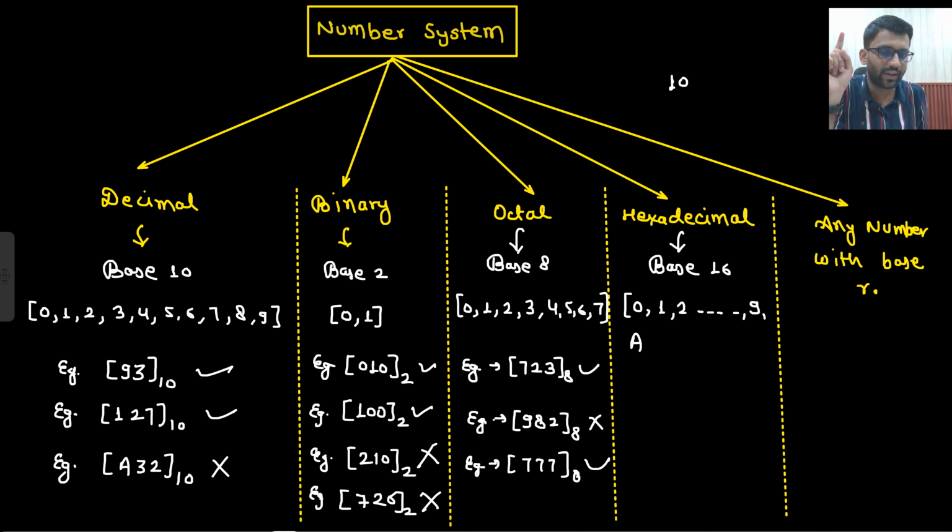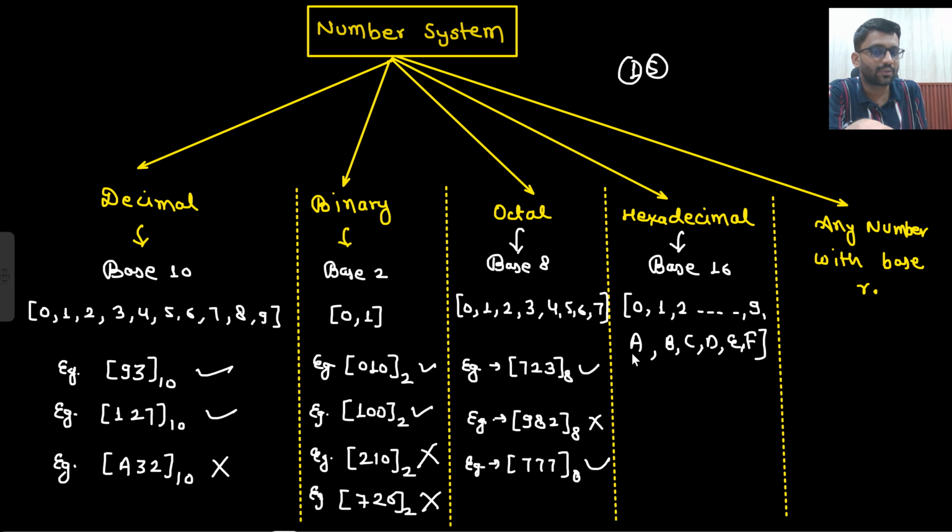So we will write A, B, C, D, E, F. Base 16 means from 0 to 15 you will have, right? Total 16 numbers will be there from 0 to 15. So 9, 10, 11, 12, 13, 14 and 15. So F is 15. But we will not call it 15 because 15 is made from 1 and 5. So I have to write it in terms of A, B, C, D. So F is 15.